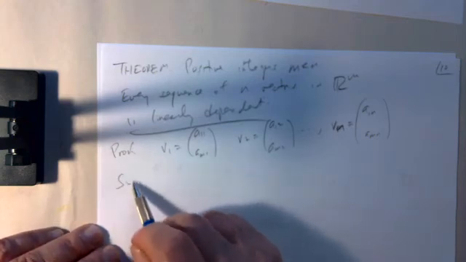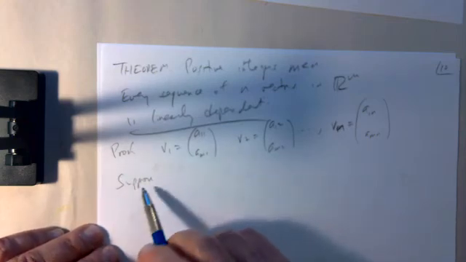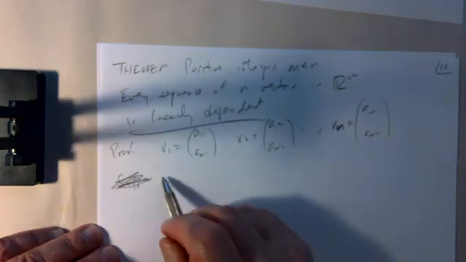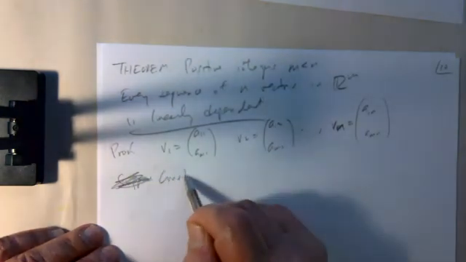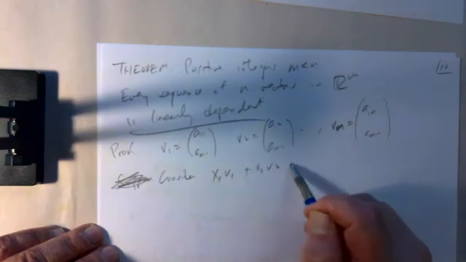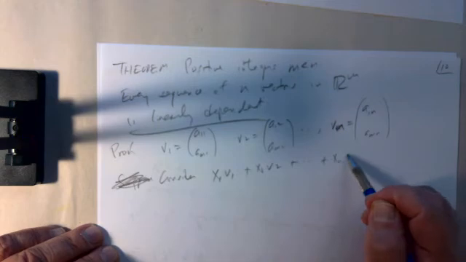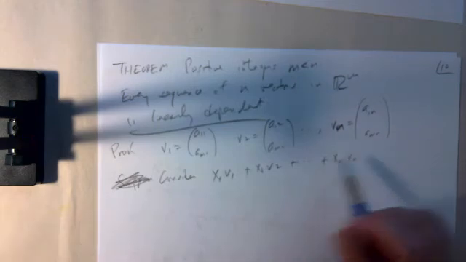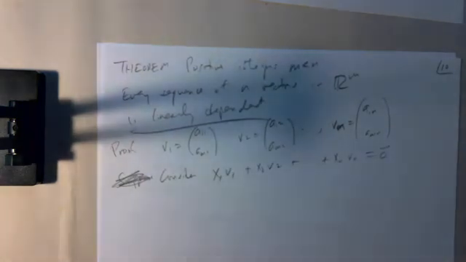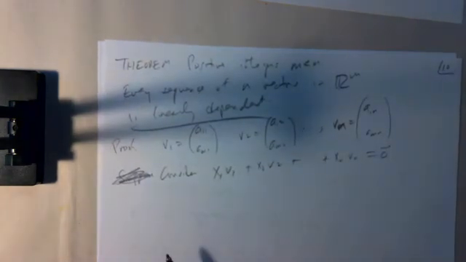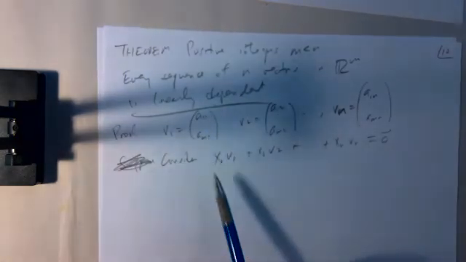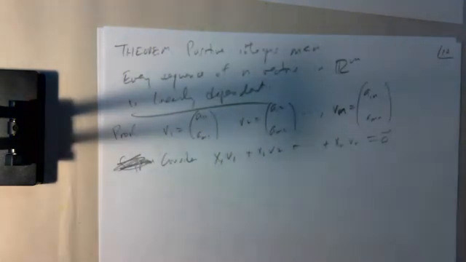Consider taking a linear combination x1 v1 plus x2 v2 up to xn vn, and we want to find scalars x1 up to xn where this is equal to the 0 vector. To show that these vectors are linearly dependent, I need to find x's not all 0.